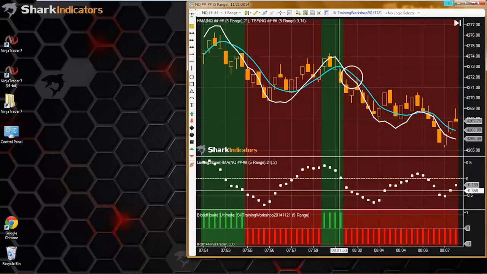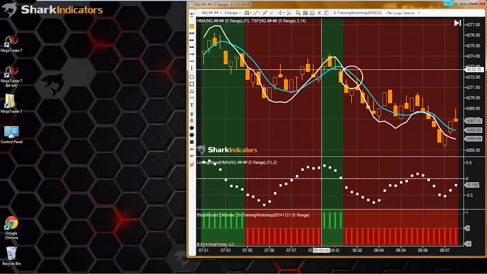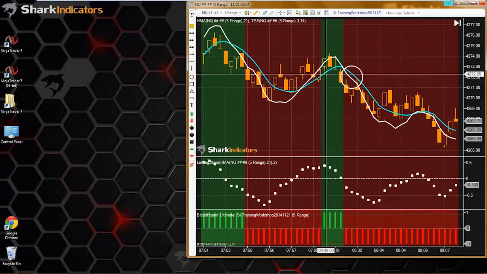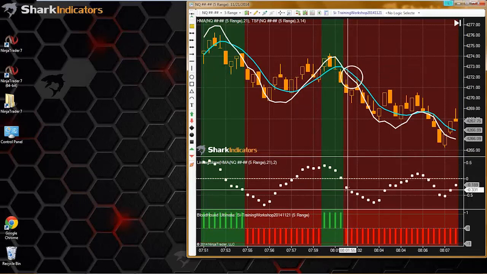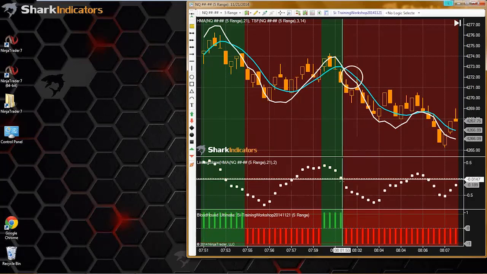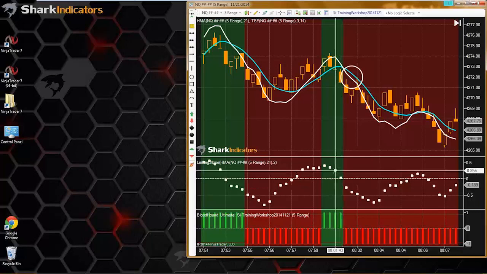So if the angle of our two moving averages is the same, their slope value will also be the same, as measured by this linear regression slope.